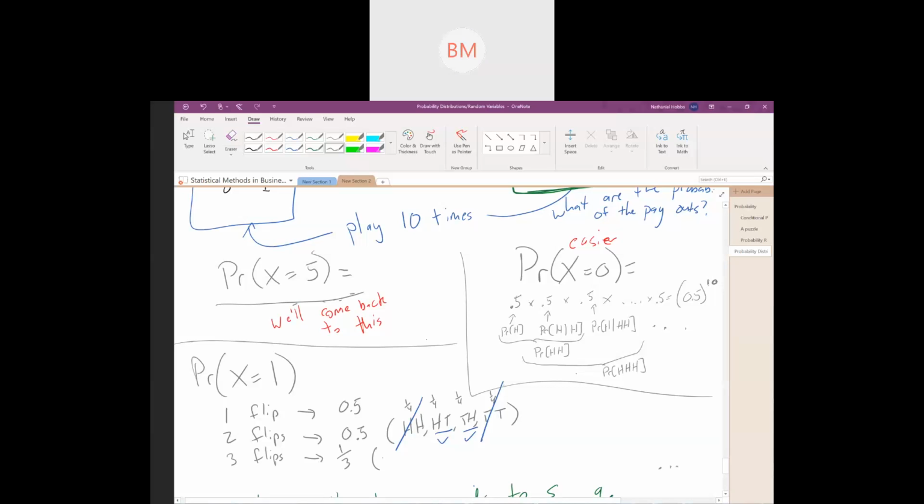Heads heads heads, heads heads tails, heads tails heads, tails heads heads, tails tails heads, tails heads tails, heads tails tails, tails tails tails. That's 8.